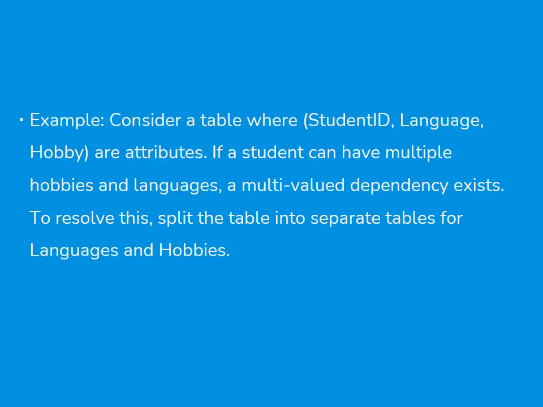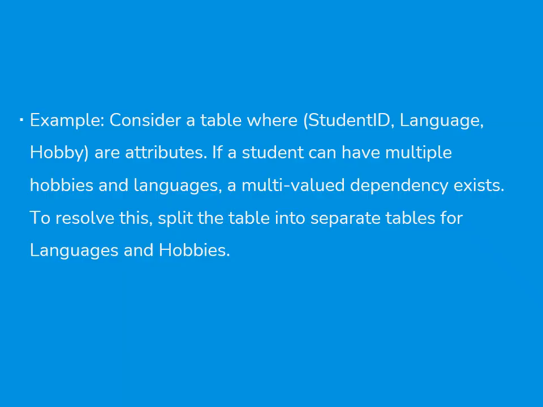Let's consider an example table where student ID, language, and hobby are attributes. If the student can have multiple hobbies and languages, multi-value dependencies exist. The student may know multiple languages and may have multiple hobbies.